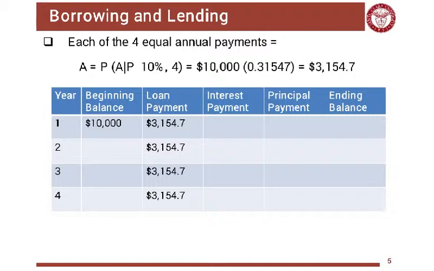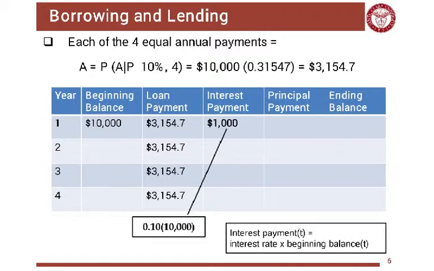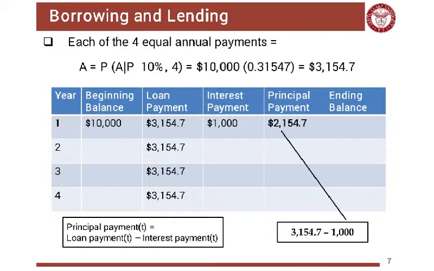So for the first year, you have the beginning balance, and at the end of this year, you pay this amount. But this 3,154.7 is used to recover the interest that was incurred during the first year. If you have a 10,000 beginning balance and over 1 year you have 10% interest, the calculated interest will be this value, 1,000. Whatever value is left out of the 3,154.7 after taking out the 1,000 interest is the principal payment.